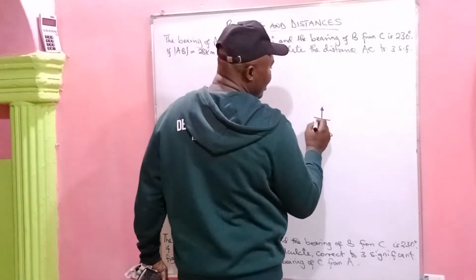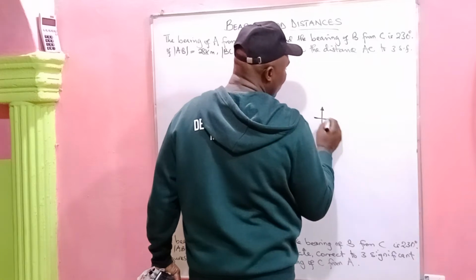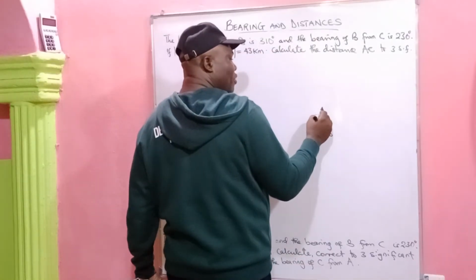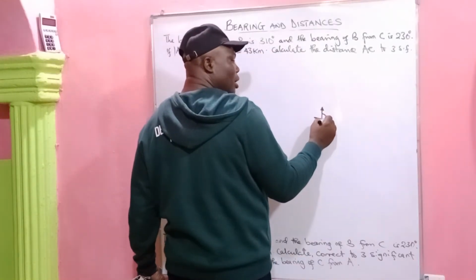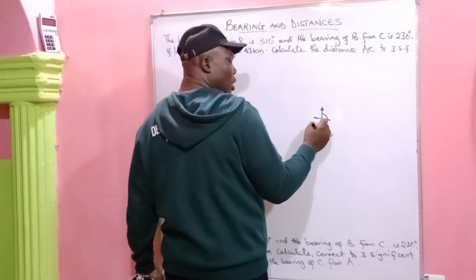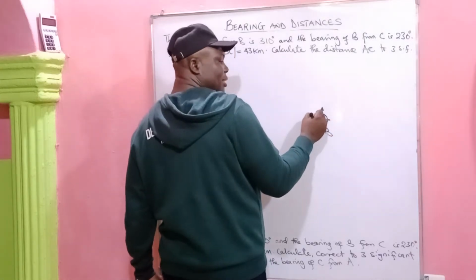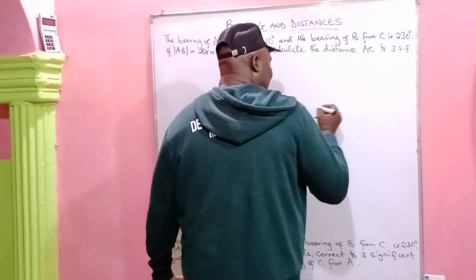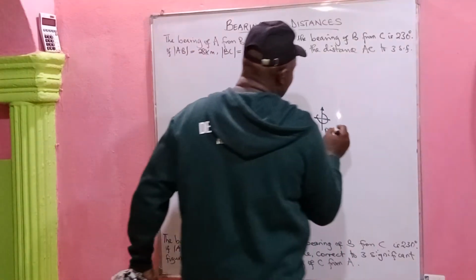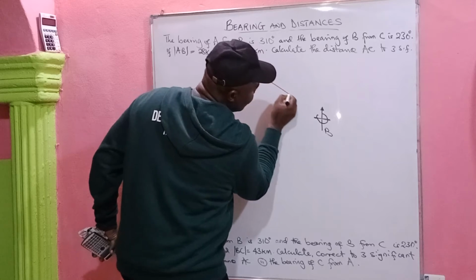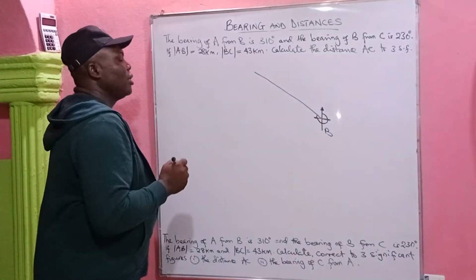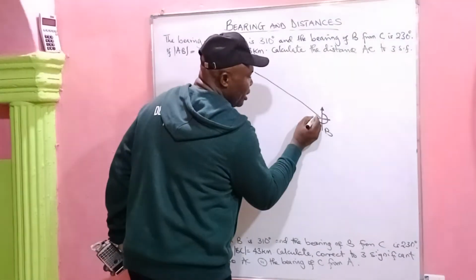So how do we get 310? We start from north and move clockwise: 90, 180, 270, and 310 should be here. So we take that as a straight line, and this is where we are stopping.